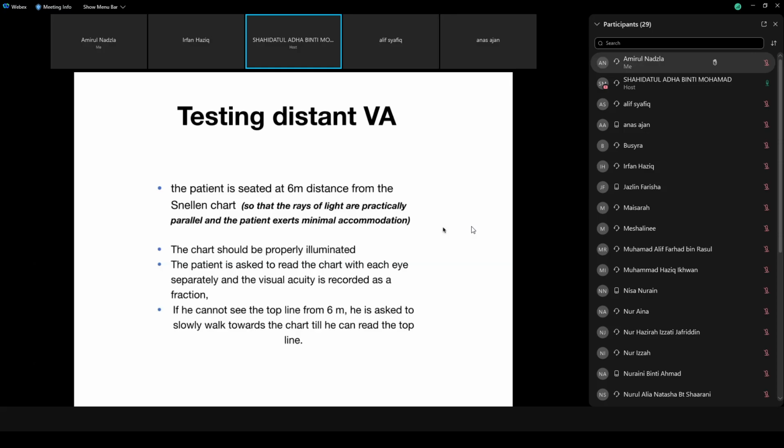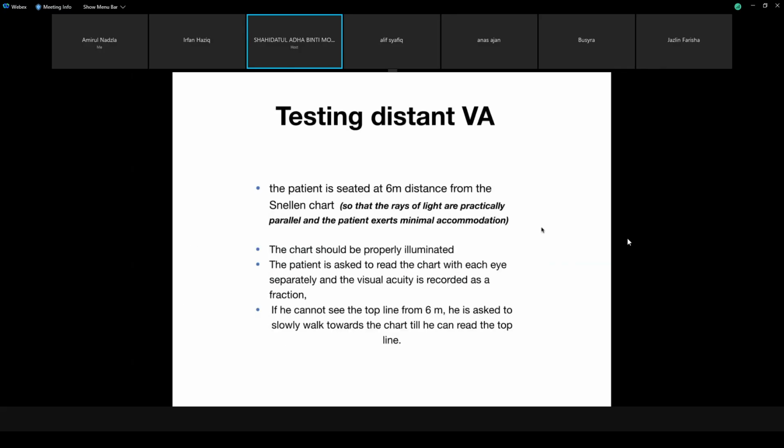The patient is asked to read the chart with each eye separately. Okay, first we do the right eye, then the left eye. But it depends. If the right eye is already very poor, sometimes we want to do the left eye first. So this is very subjective. Okay, so how do we do that? We will ask the patient to read from the topmost line from 6 meter.